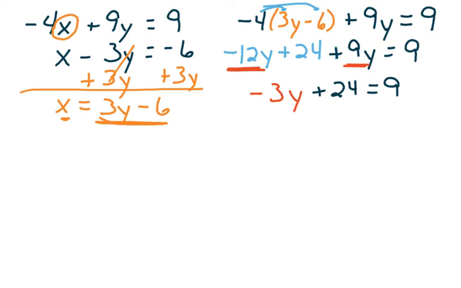Okay, now we get the variable term on one side and everything else on the other side. So I need to move that 24 by subtracting it. Because it's a positive, I need to do the opposite, which is a negative. Okay.